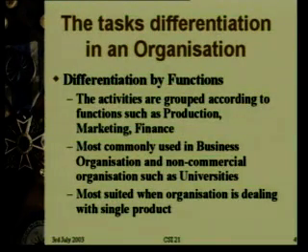Most commonly used in business organizations and non-commercial organizations such as universities, most suited when the organization is dealing with a single product. In a software organization, when you are software developers, then probably you are not distributing it with the sales, marketing or that kind of function.